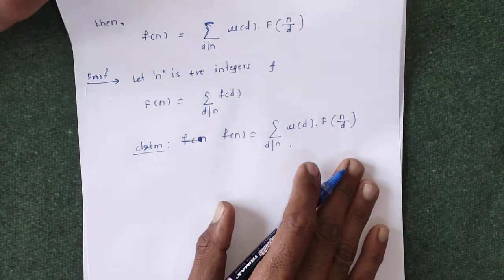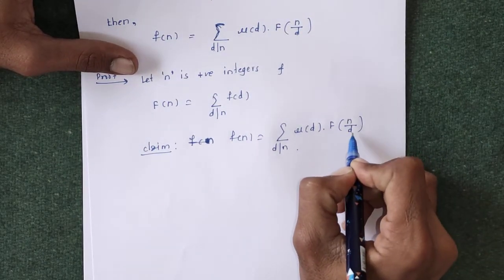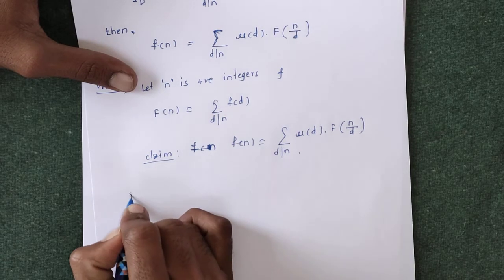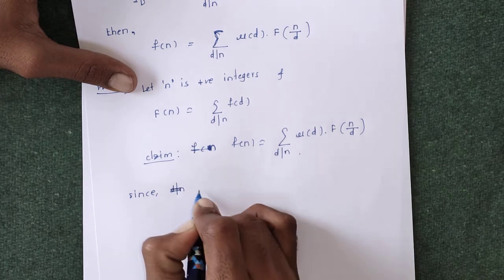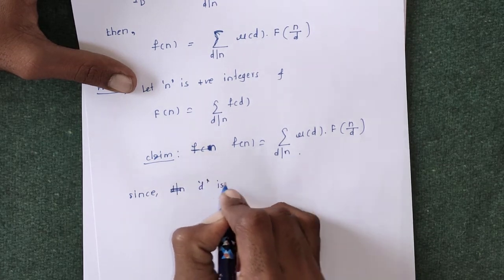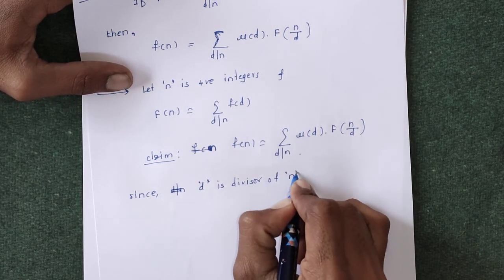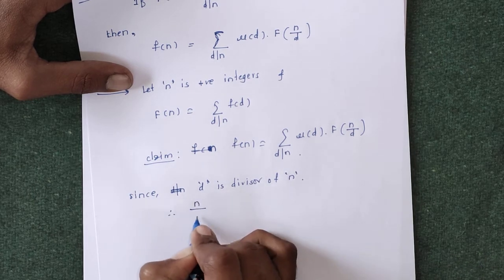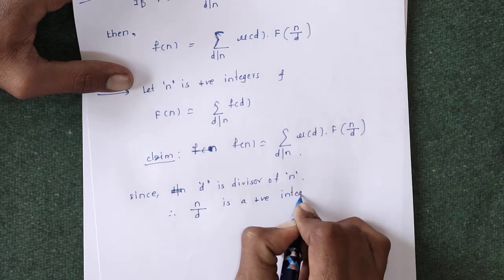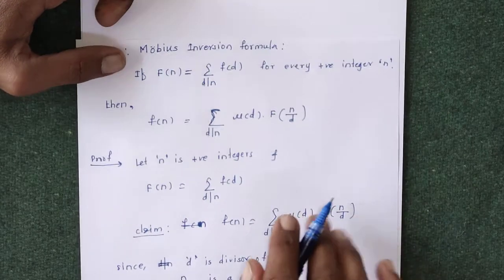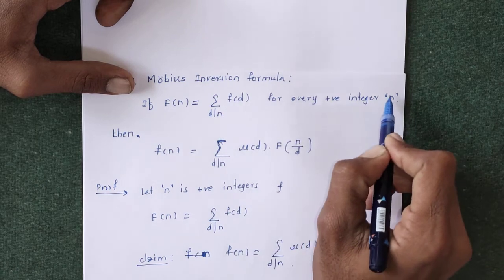This is our claim. Here d is a divisor of n, so n by d is a positive integer. Writing this is necessary because we need F of n by d, and F of n is defined as the summation of f of d, where n is a positive integer.